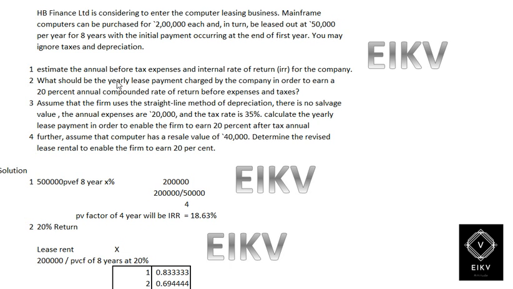Now the second question: what should be the yearly lease rent charged by the company in order to earn a 20% annual compounded rate of return before expenses and taxes?